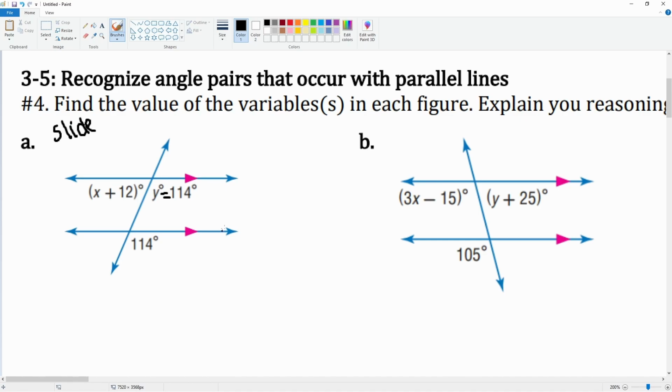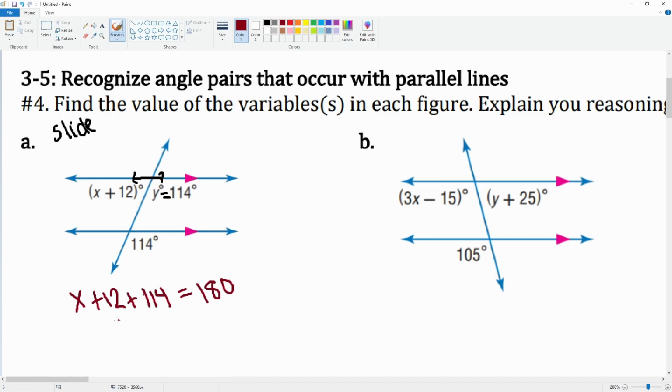We can actually go back and use that equation now. We knew from before that x plus 12 plus y equals 180. Because we know what y is now, we can erase it and plug in 114.